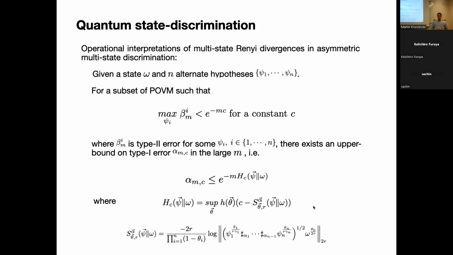I see, I see. That's a good question. I actually don't know. And what is the relation between this? So C gives you the constraint on the other data.